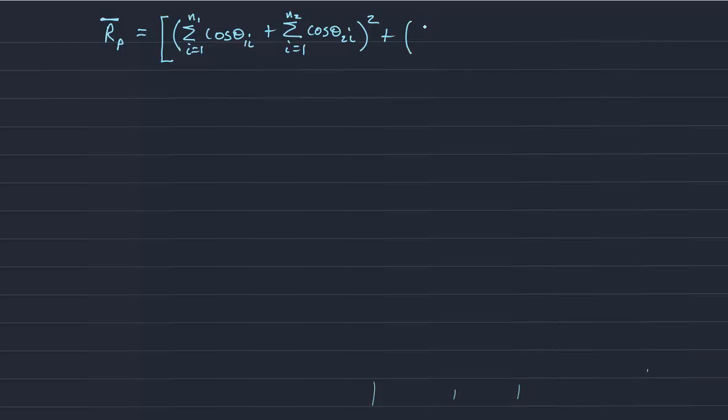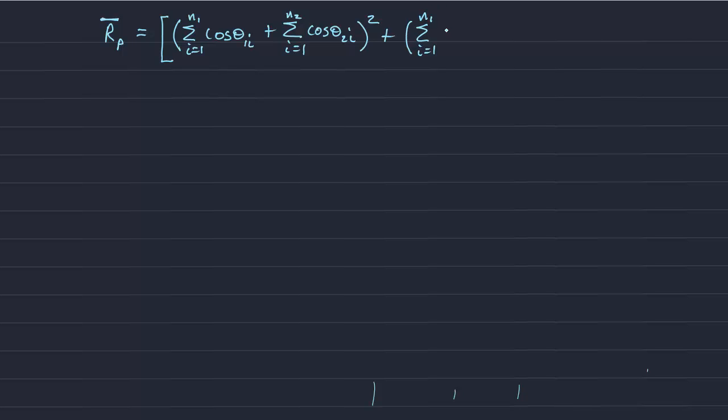First, we need to calculate the length of the normalized pooled vector, and that's equal to the square root of the sum for i equals 1 to n1 of the cosine of the angles from sample 1 plus the sum of the cosines of the angles from sample 2, and we have to square that sum, and then we have to do the same for the sine terms.